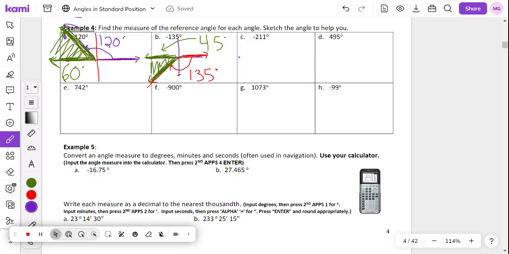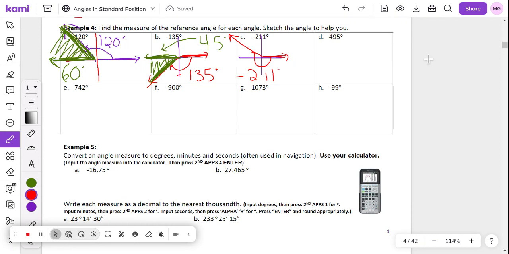Some more examples. Negative 211. So I hope you're thinking, okay, that's more than 180. It's in the negative direction, so we're going clockwise. So it's going to land in quadrant 3, negative 211.